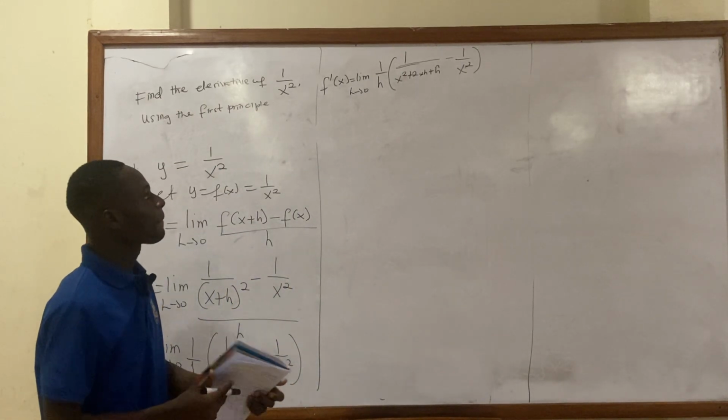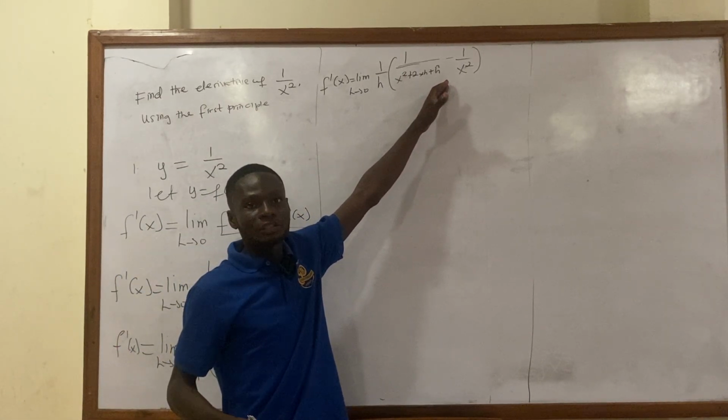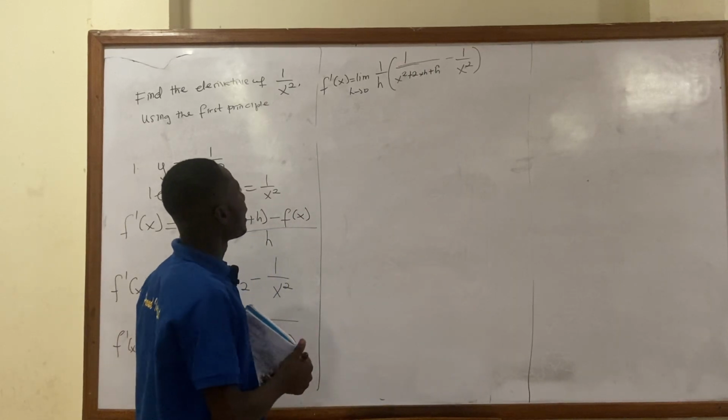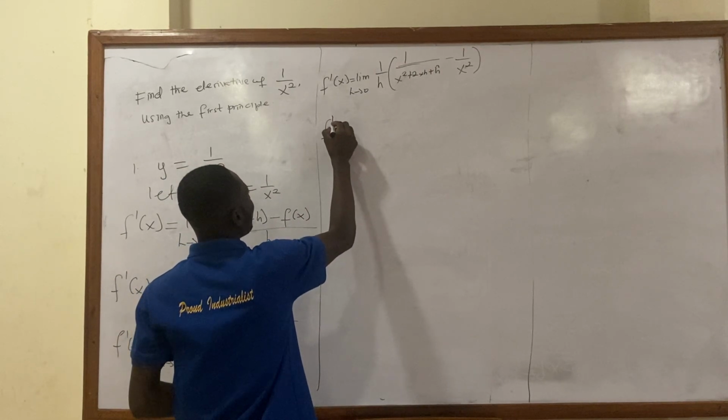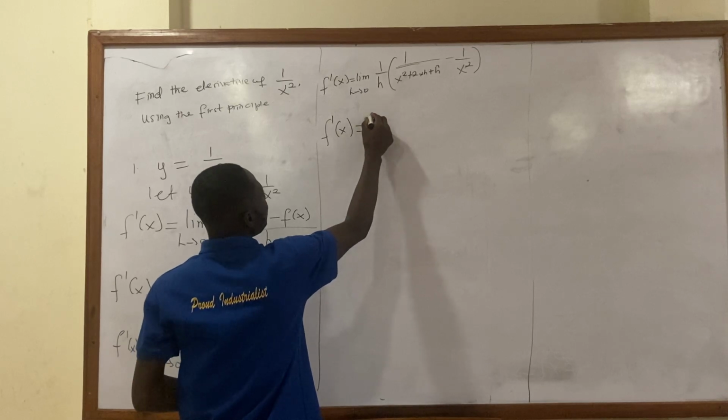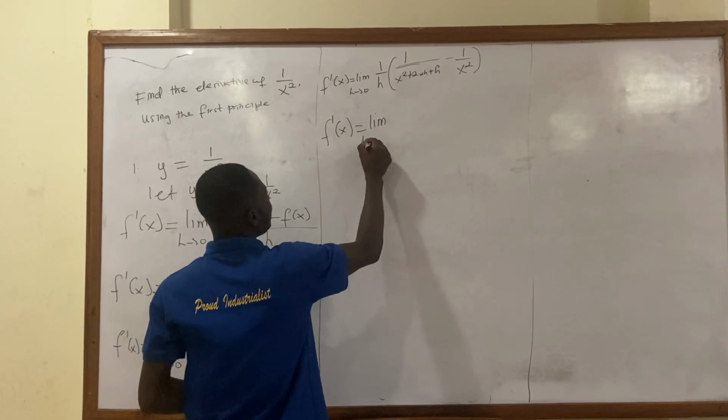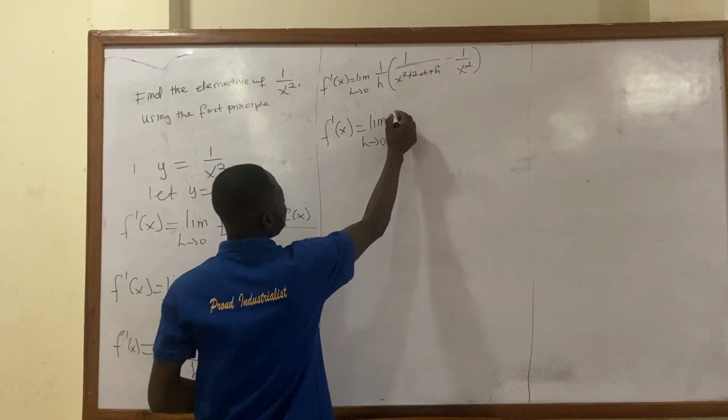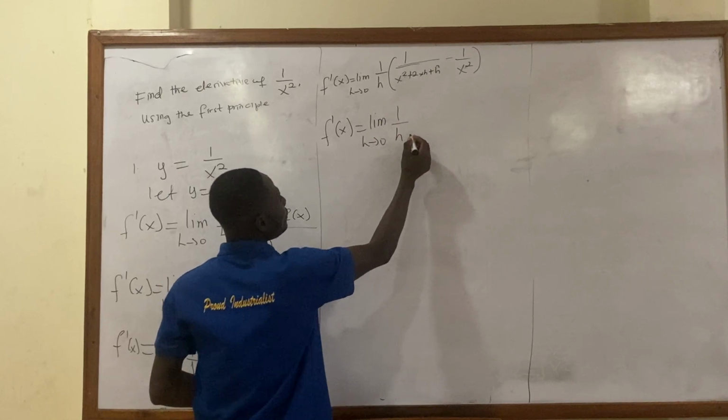From here, you can easily simplify the inside, and then you have the limit as h approaches 0 of 1 over h.